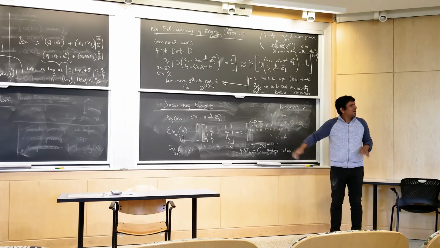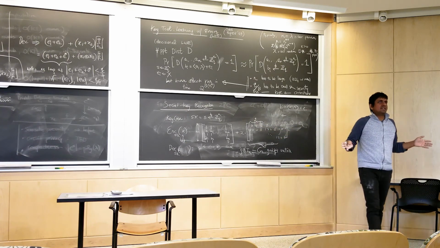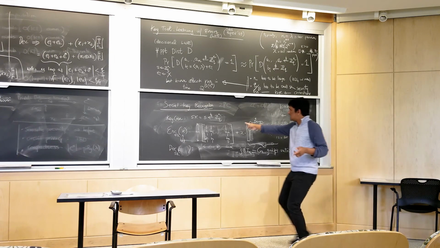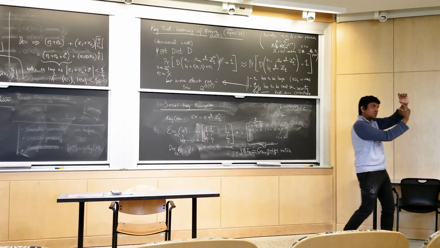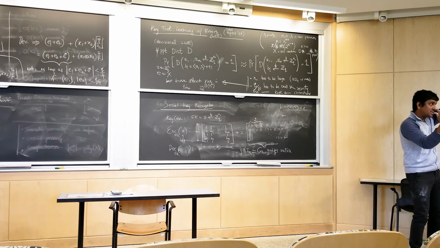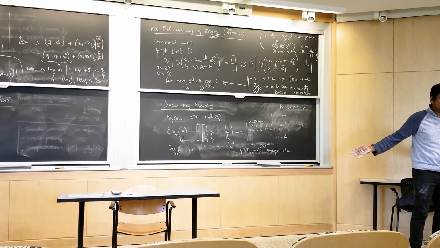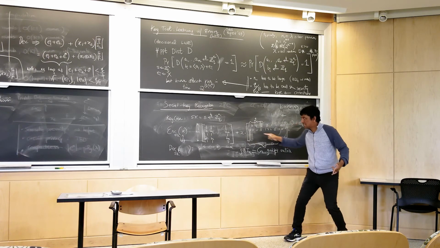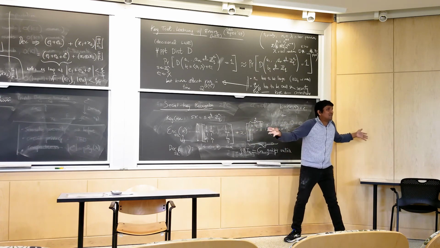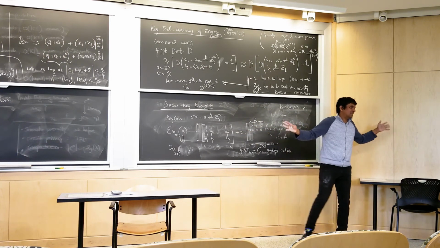Why is this secure? It's the same reason as Regev encryption was secure. If you look at this entire matrix, this looks like a random matrix because it's a bunch of LWE samples. These b_i are LWE samples. They look totally random by the assumption. So it looks like a matrix that depends on the message plus a totally random matrix, which is totally random. So that gives you security.